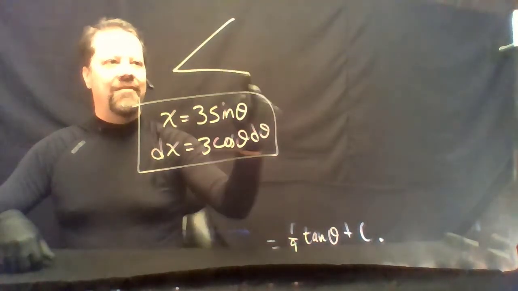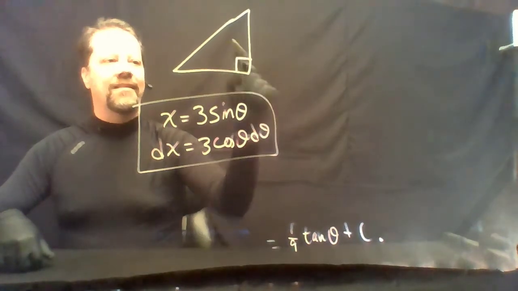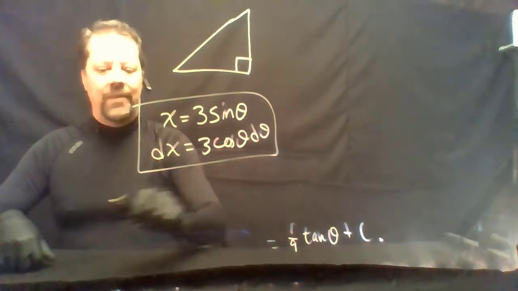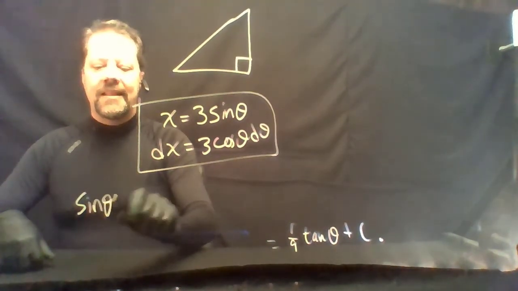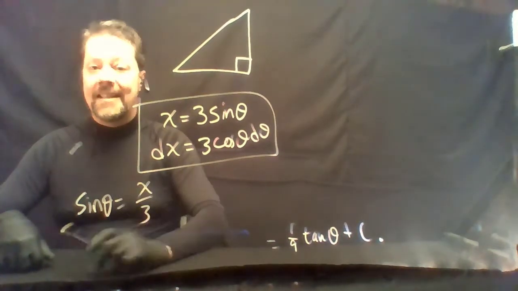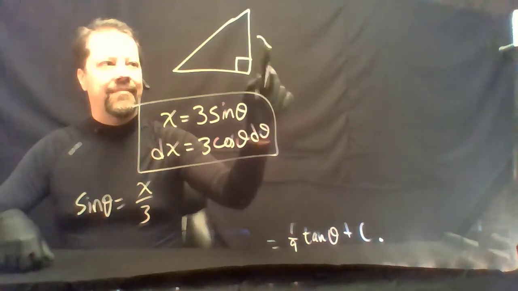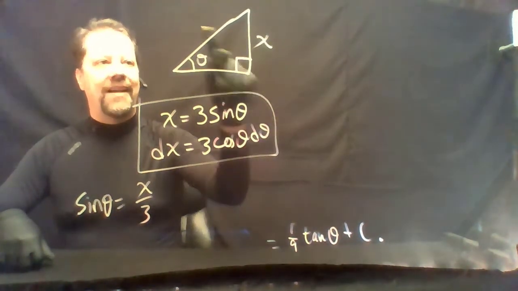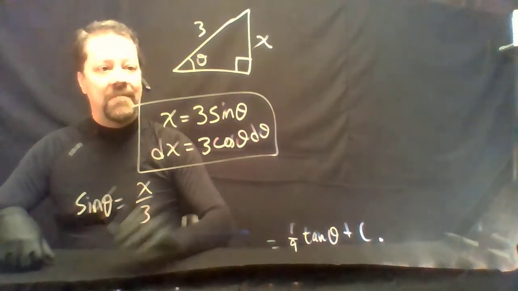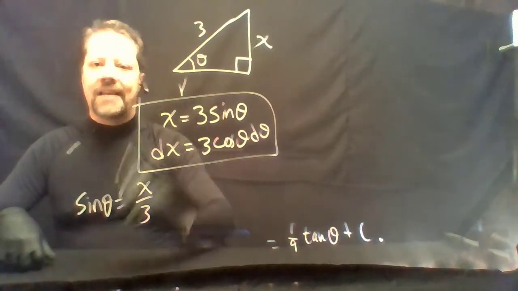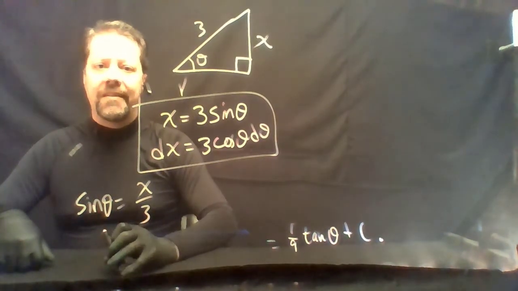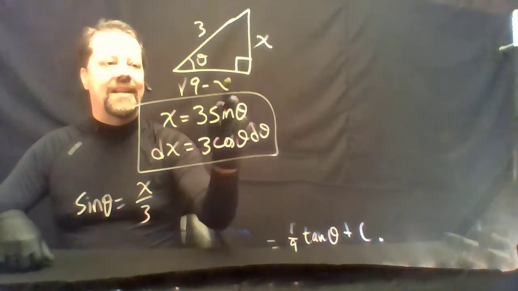The trick involves using a right triangle. We have sine theta is x over 3, and sine is opposite over hypotenuse. If this is theta, we'll have x over 3. The adjacent side can be calculated using the Pythagorean Theorem. It's going to be the square root of 9 minus x squared.